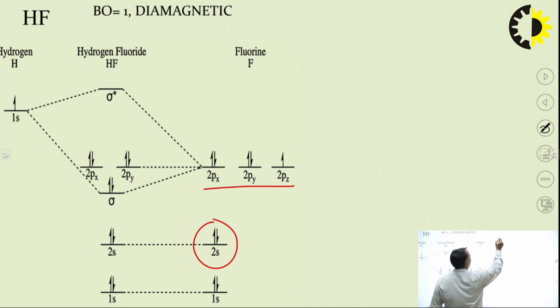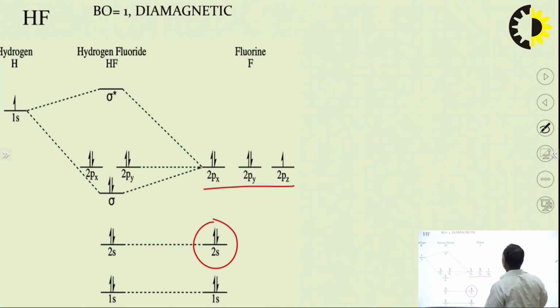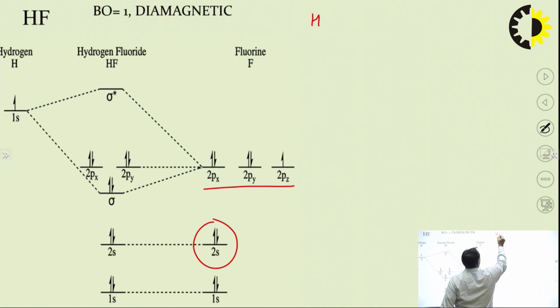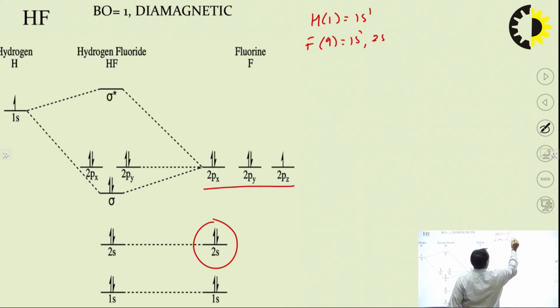So, for HF, H is 1s1, and for fluorine, it is 9: 1s2, 2s2, 2p5. Okay. So, 1s will not overlap with this, 1s will not overlap with this, 1s will overlap with this.